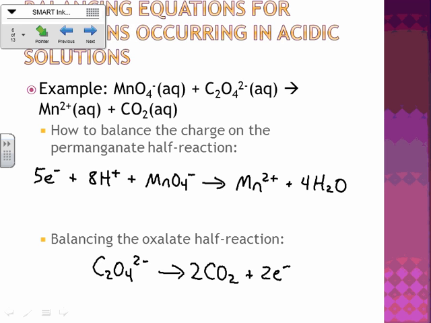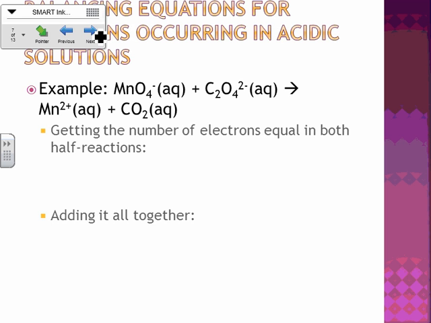That's sort of what we do, okay? Now what we need to do is kind of keep this whole thing balanced, right? If we just add more of the C2O4, that's going to throw off the balance of this reaction right here. But what we need to make sure of here, and let me see, okay, getting the number of electrons equal in both half reactions.